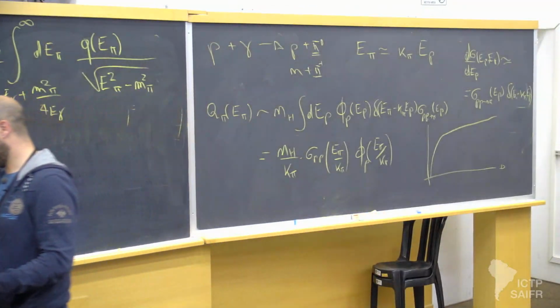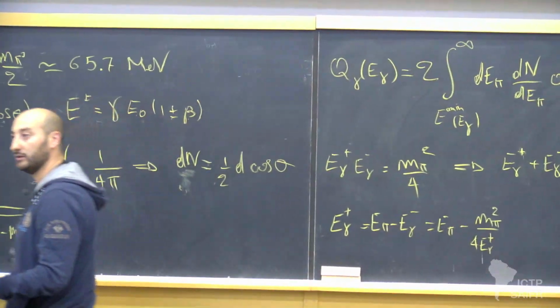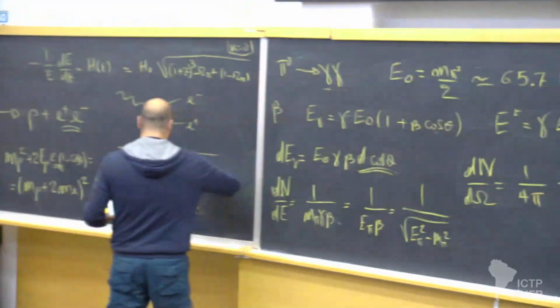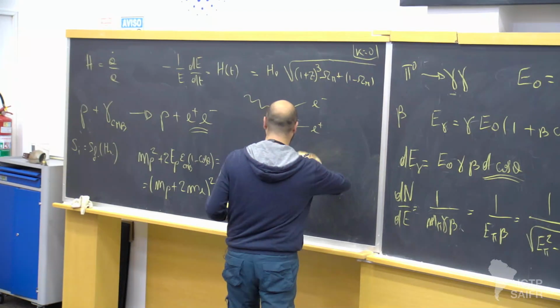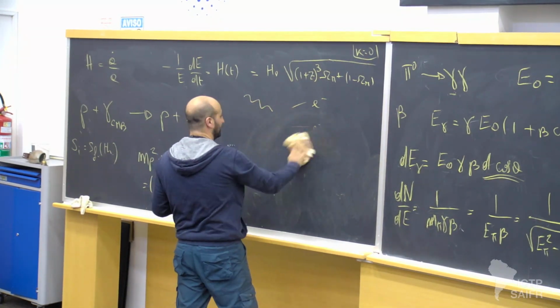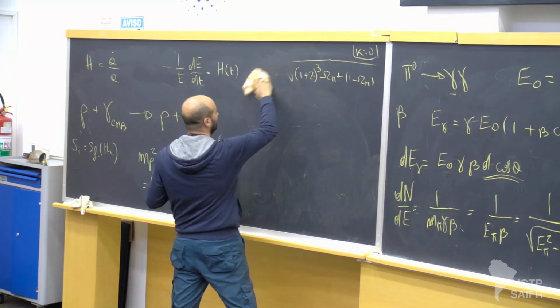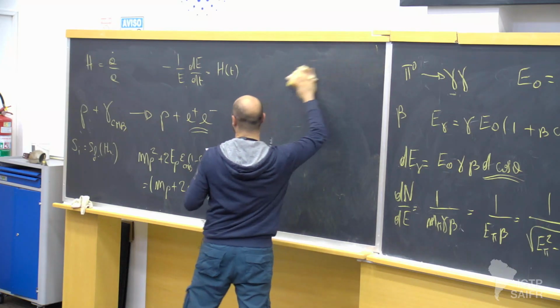Now, you can repeat exactly the same thing for neutrinos. At least for the first and most important neutrino emission associated with the pi plus or pi minus decay. Okay?